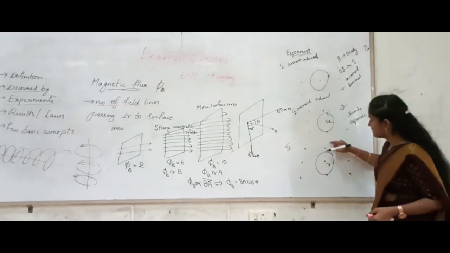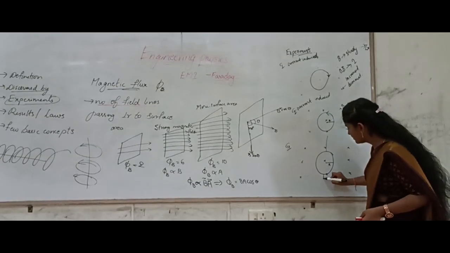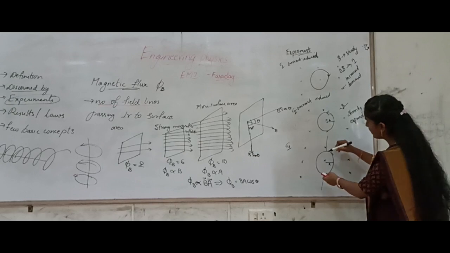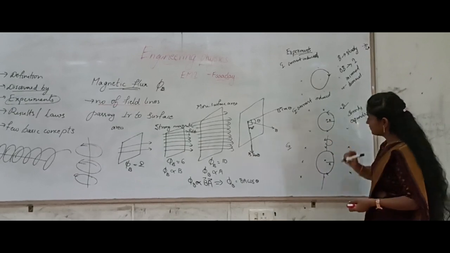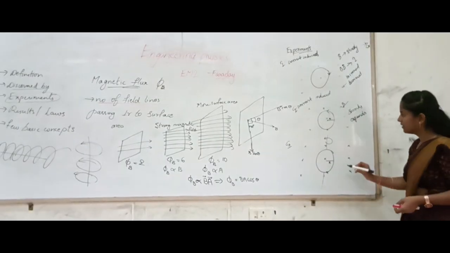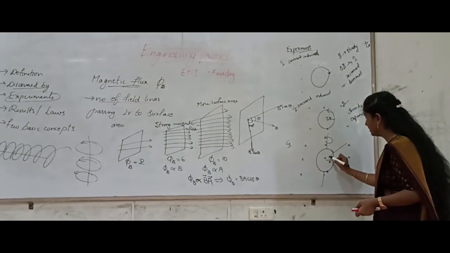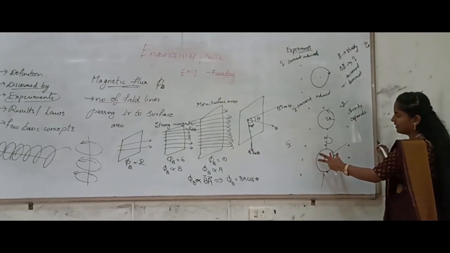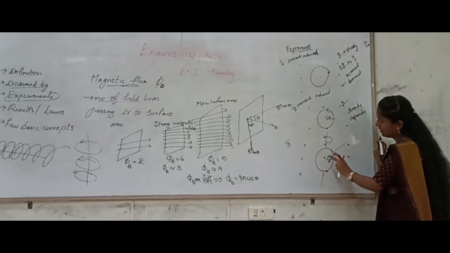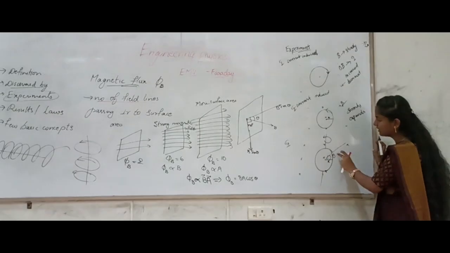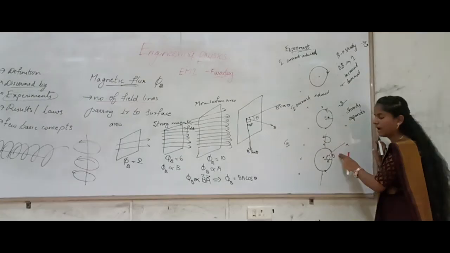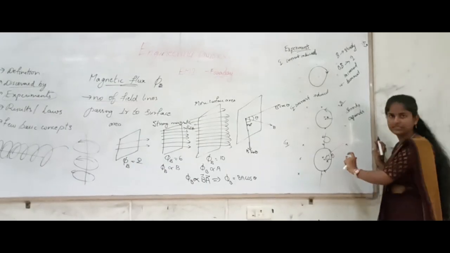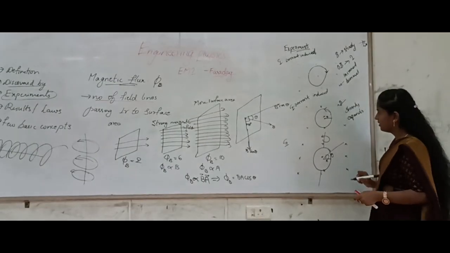So what he has done is he has connected it to some string and tried to rotate it. So what will happen? If this is the magnetic field, the angle will change. The area of this coil and the angle between the area of this coil and the magnetic field direction will change by theta.